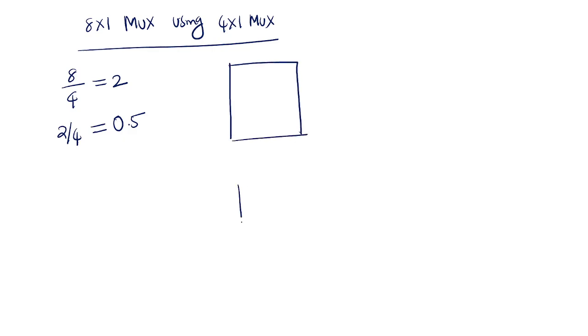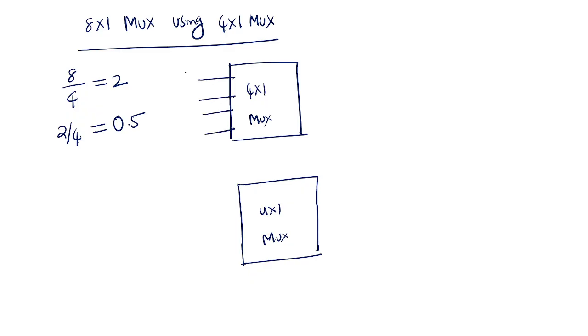Anyway, in the first stage you have two 4 to 1 muxes. So I0, I1, I2, I3, and this is I4, I5, I6, and I7. Two selection lines are there, S0 and S1. And one more enable pin is there.